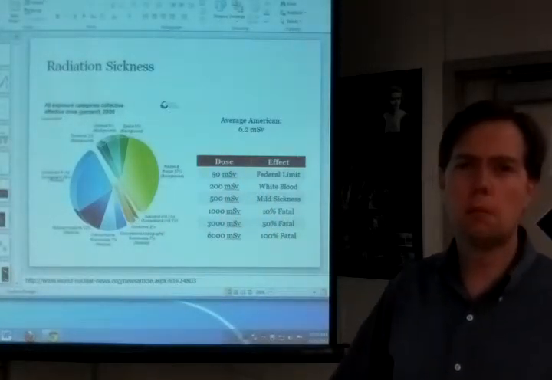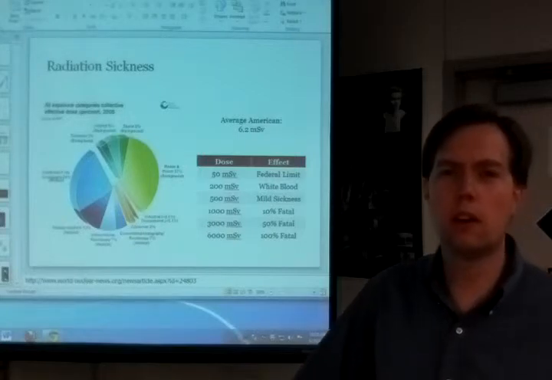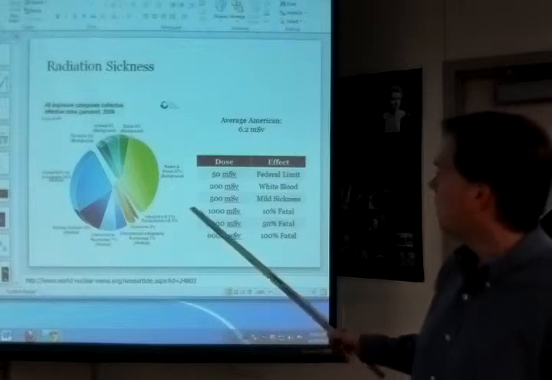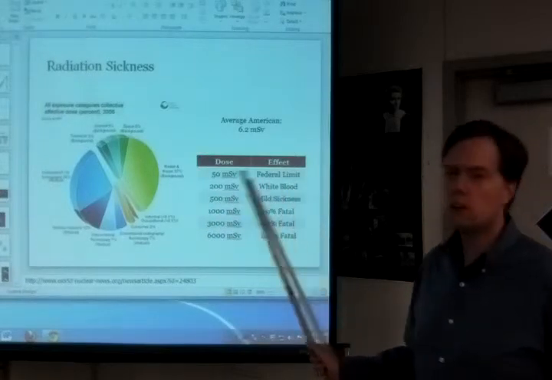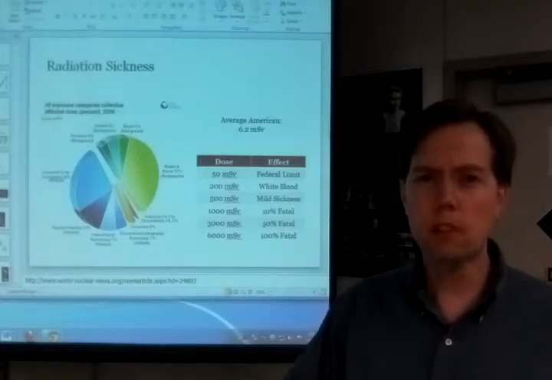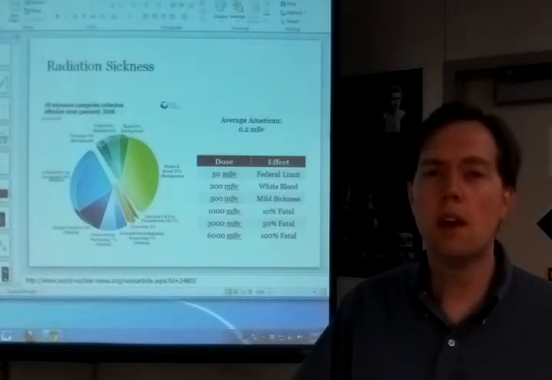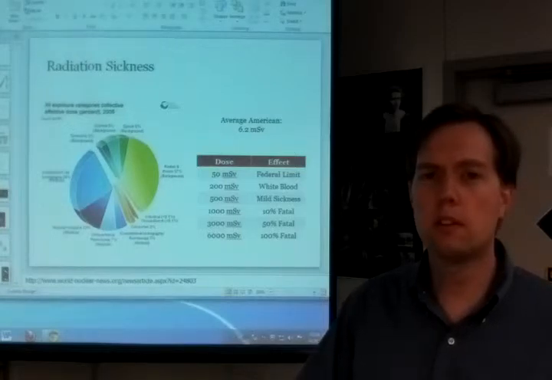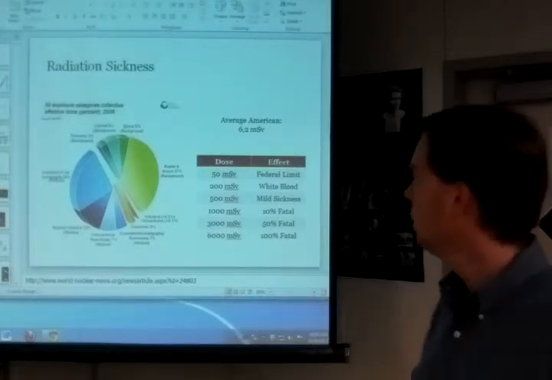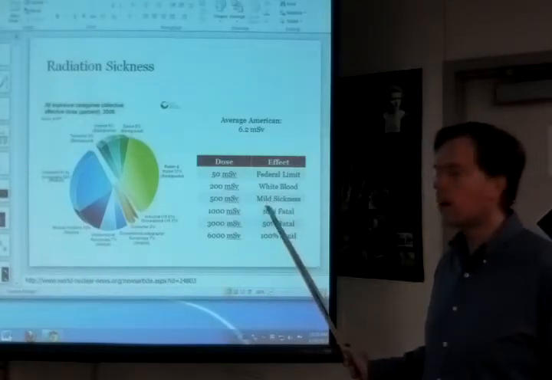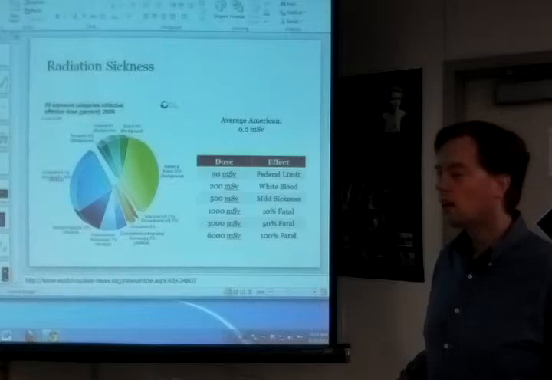That's the maximum radiation exposure one can have, annually. About 200, it starts to affect your white blood cell count. Your white blood cells are what control your immune system. And so once it starts attacking your white blood cells, it starts to affect your health. About 500, you actually start to feel sick.